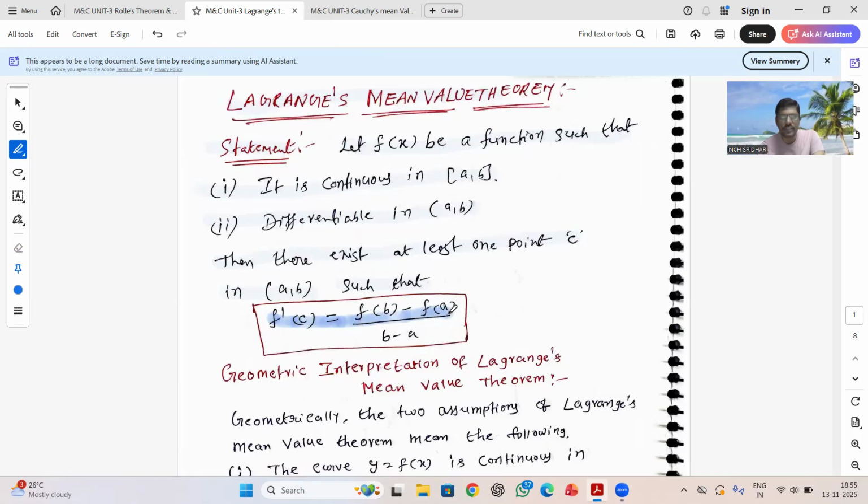This is the basic difference between Lagrange's theorem and Rolle's theorem.